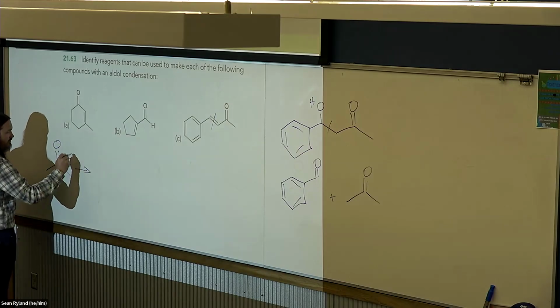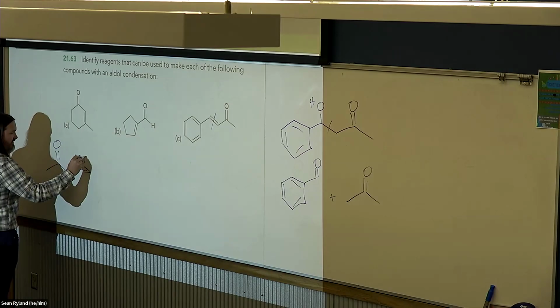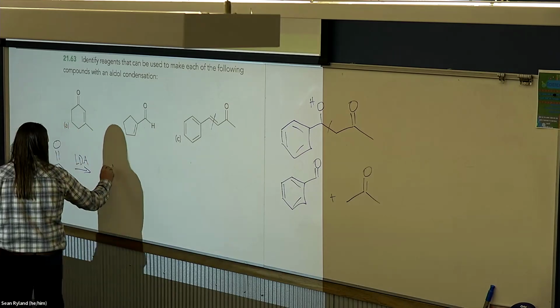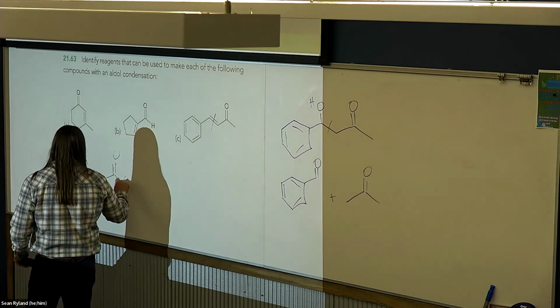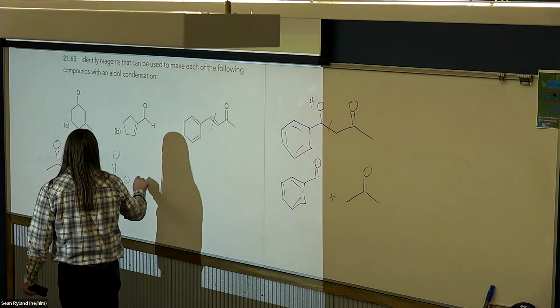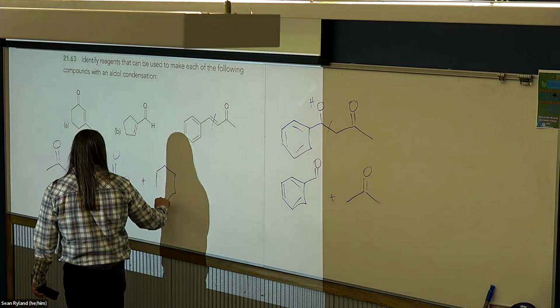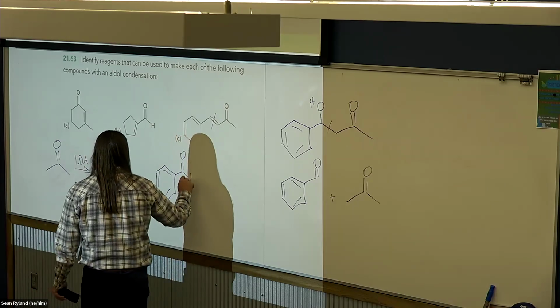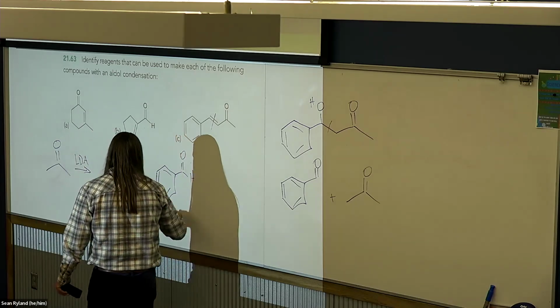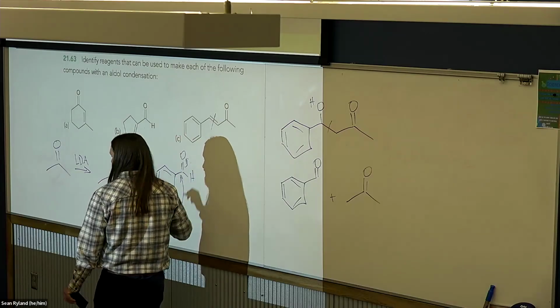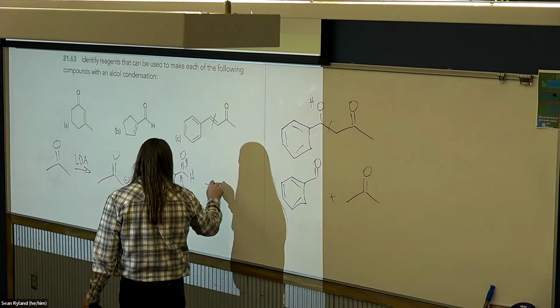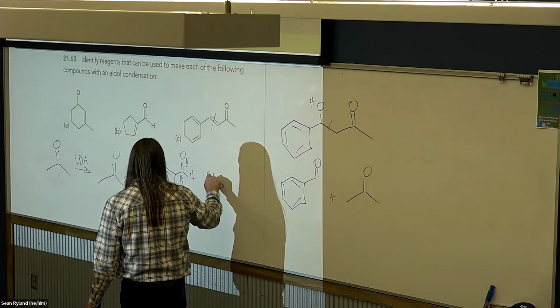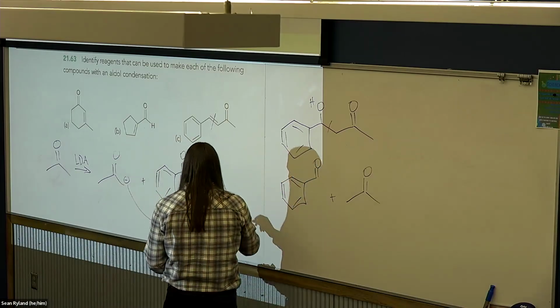So acetone, LDA gives our enolate plus benzaldehyde. Then this would come in here, push that away. And then follow it up with water just to protonate it.